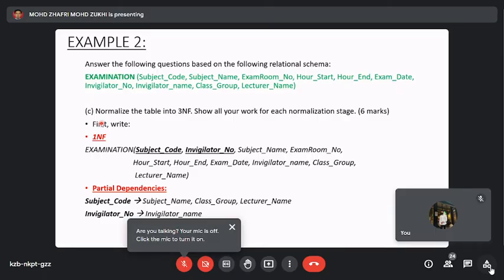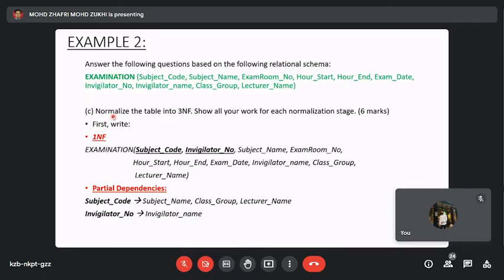Iqbal Syahmi, yes sir. What needs to be done for second normal form? We need to create a new table with the partial dependencies. Yes, correct. Okay, good. So we need to create the partial dependencies based on these two. For the partial dependency, we create a new table, a new entity.